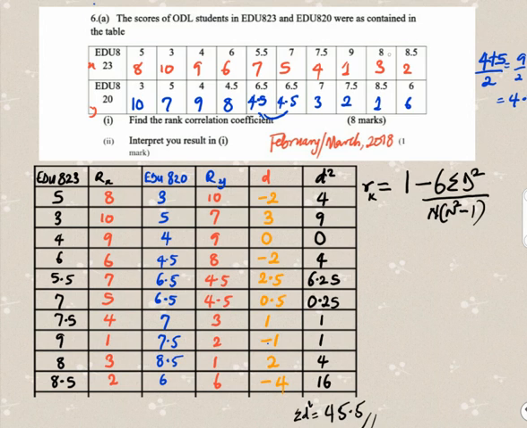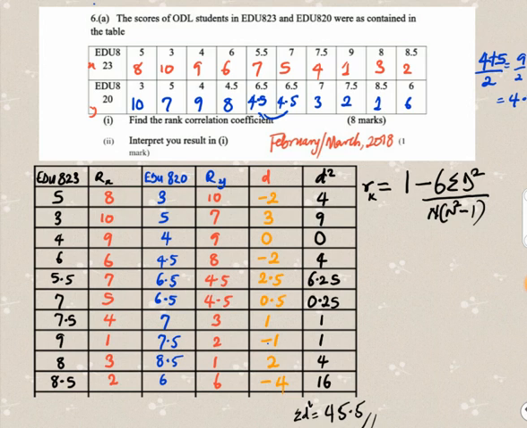So for this we have 10. So n will always tally with the last rank, and that is 10. So the least rank is 10, so it means n is equal to 10.